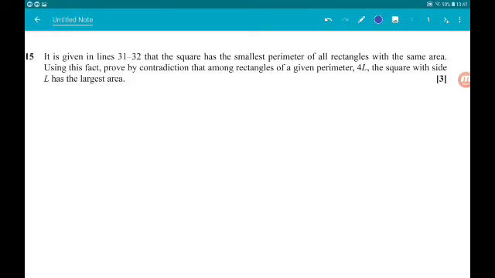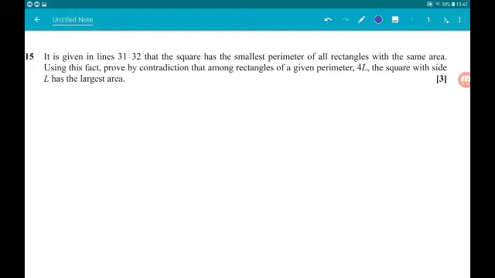That means that for any rectangle with the same area, the perimeter is smallest when all 4 sides are the same. Using this fact, prove by contradiction that among rectangles of a given perimeter 4L, the square with side length L has the largest area.